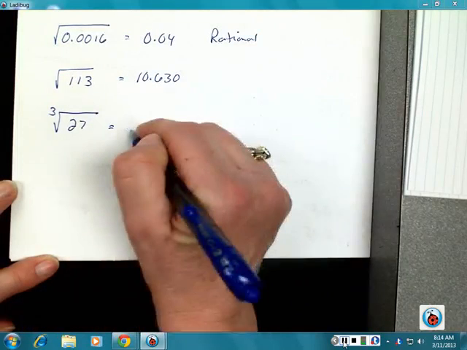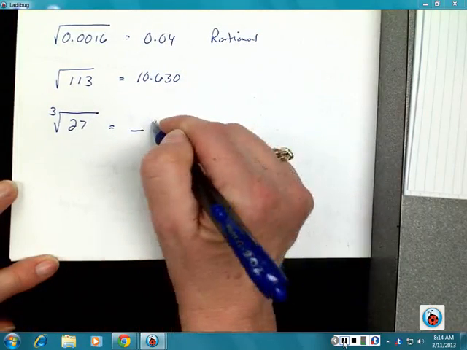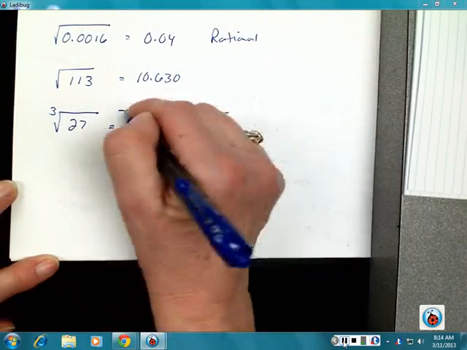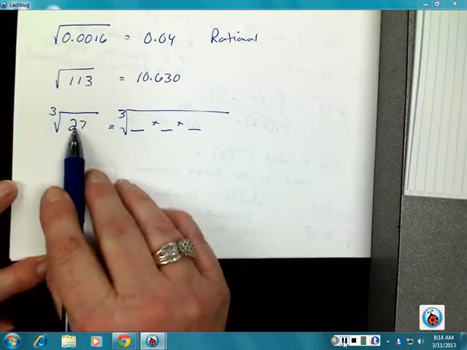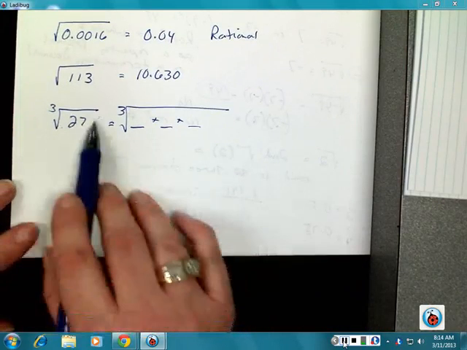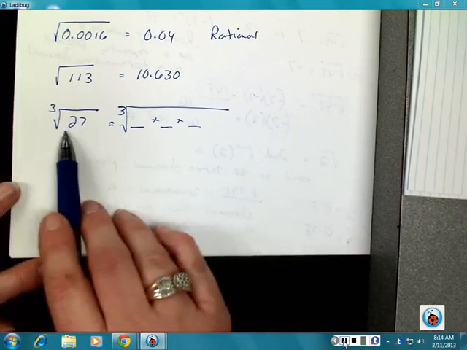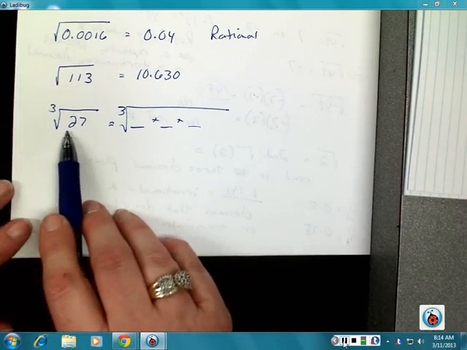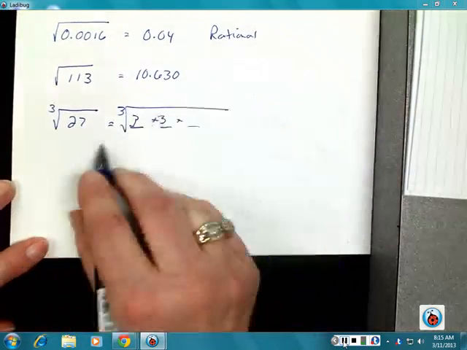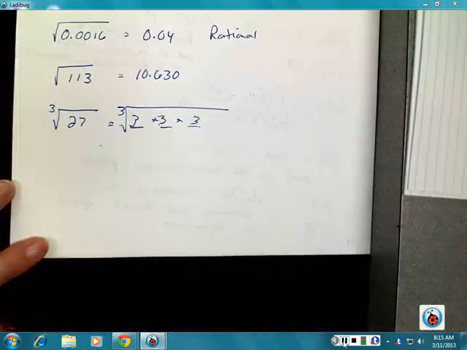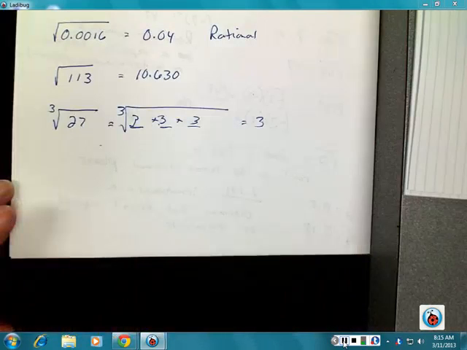So what I'm going to look for is 3 identical numbers that multiply together to give me my number underneath. Now, in this case, with 27 there, what number would give me 27 if I multiply it by itself 3 times? 3. 3 times 3 is 9, times 3 is 27, so my answer is simply 3.